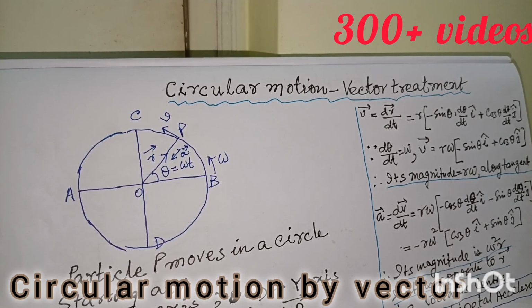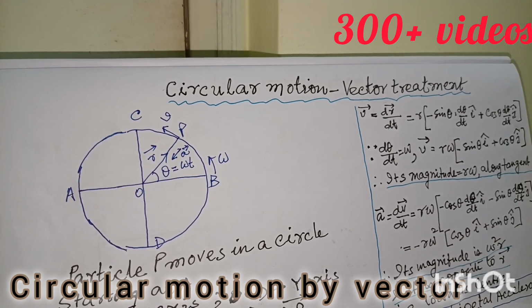Now, if it has started from B and is going along the circle, with a constant angular velocity omega, then in time t it will cover an angle theta, given by angle POB here. This theta we can write as omega into t because that is the angular displacement.